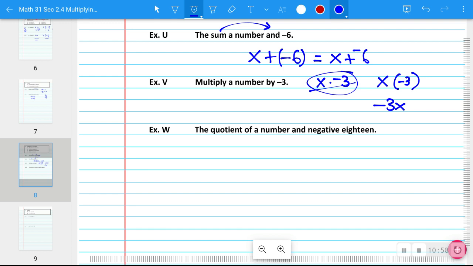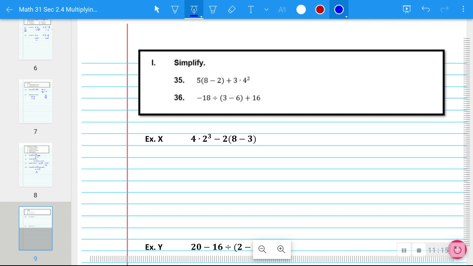Okay, the quotient of a number and -18. Quotient means divide, so the number divided by -18, or you can write it, and this is actually better, like this. All right, we're down to a few more problems and we'll be done with this section.